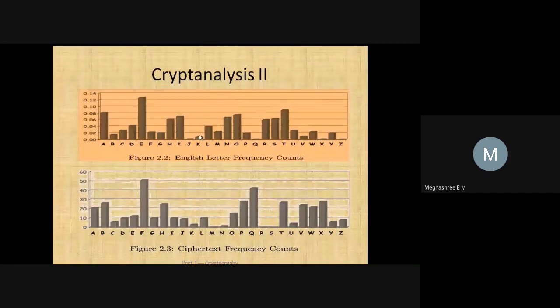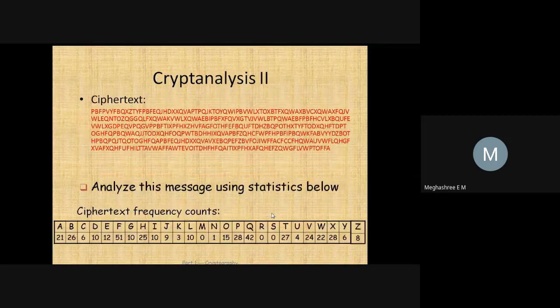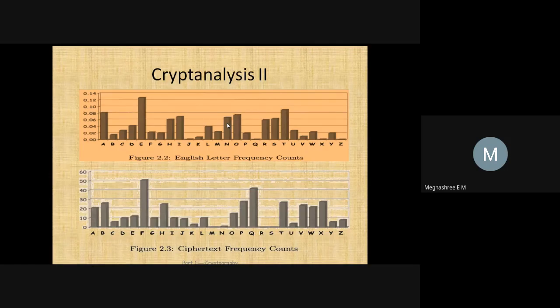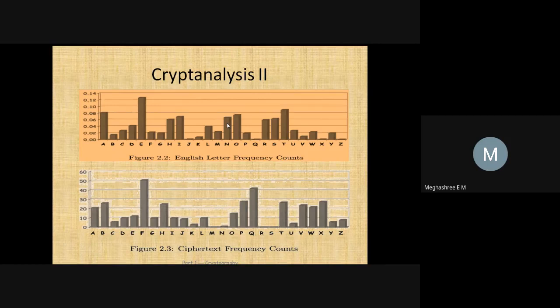So he prepared a graph like this for the English letter frequency as well as the ciphertext letter frequency counts. Do you remember, this graph is generated for this ciphertext, whereas this graph is generated with respect to the English words that we form in our statements whenever we talk or write. Based on that, this is generated.